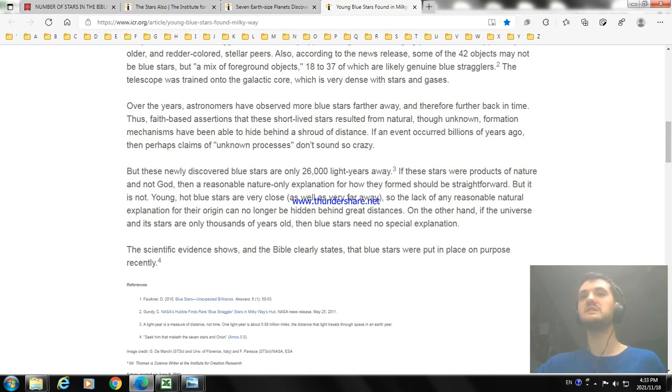So if these stars are only thousands of years old, then blue stars need no special explanation. The scientific evidence shows that the Bible clearly states that blue stars were put in place on purpose recently.